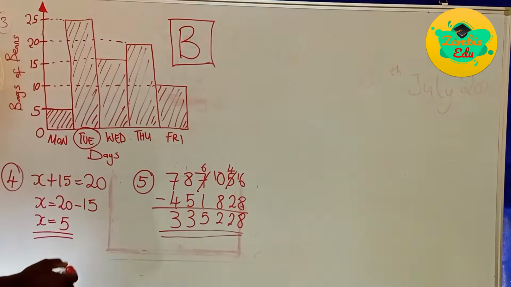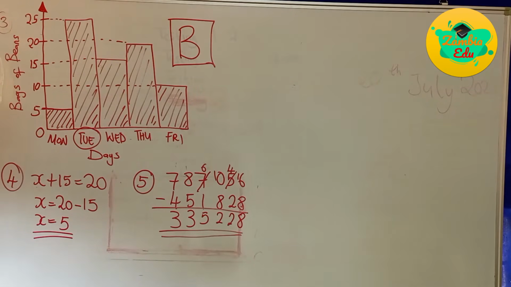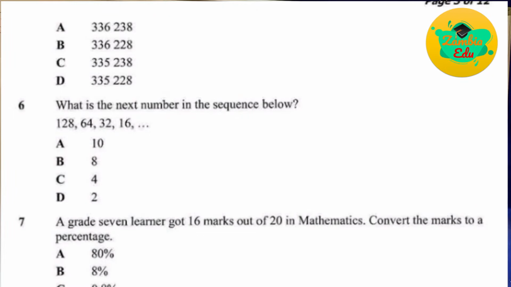So your answer there becomes 335,828, which indicates to us that, if we look at the multiple choices, A is 336,238, B is 336,228, C is 335,238, and D says 335,228.